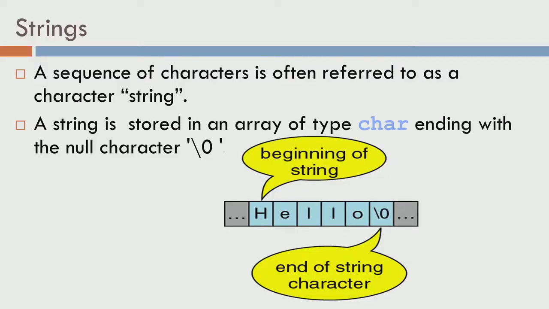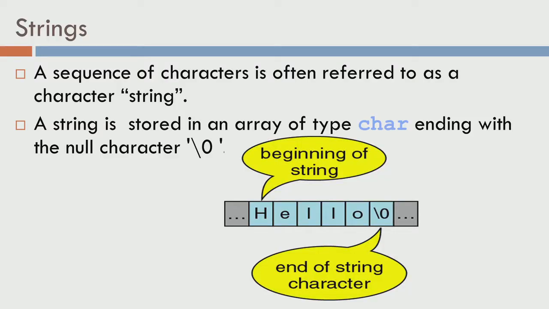So, a string is essentially a sequence of characters, and the way C handles this is as a sequence of characters stored in an array, and it's not just the characters that you want, it also has a special symbol \0 or the null character.